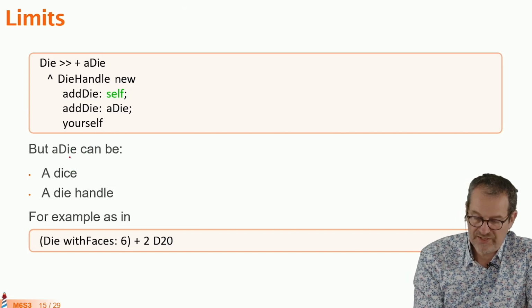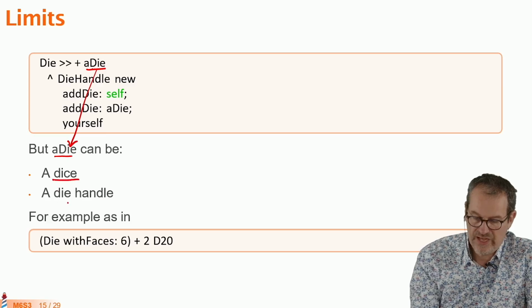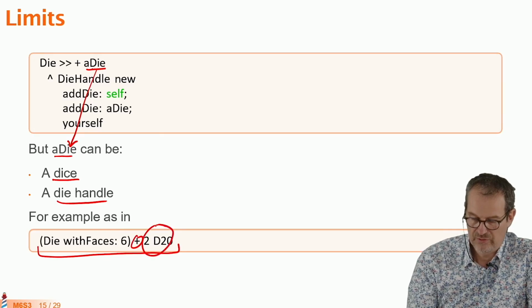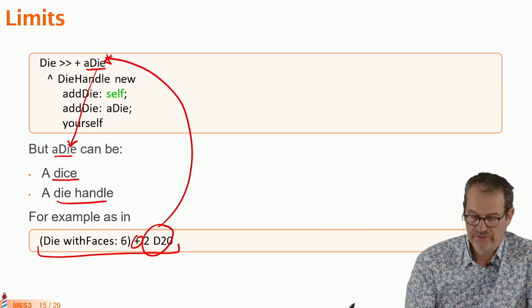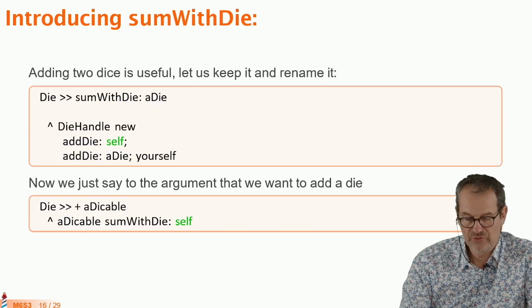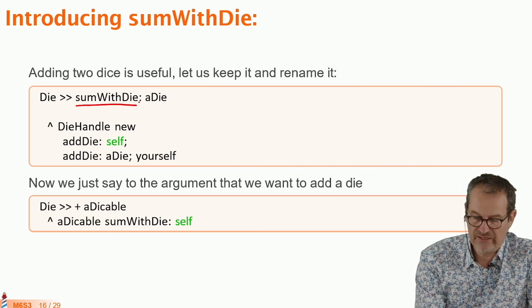So you see, this is what I said, a die here can be a die or a DieHandle, like in this code. Here the plus is a DieHandle, so it does not work. But we can do better. So now we can introduce sum with a die.